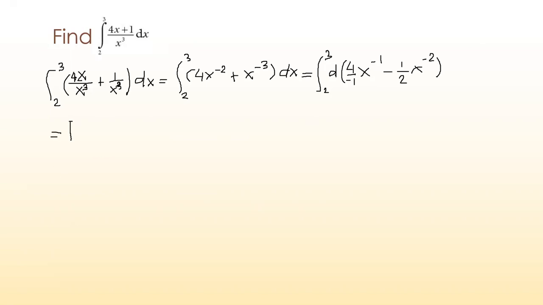It's going to be 4 times 1/3, because the x power -1, minus a half times 1 over 3 squared, equal 9 here, minus 4 times, of course, a half, minus a half times 2 squared, quarter.